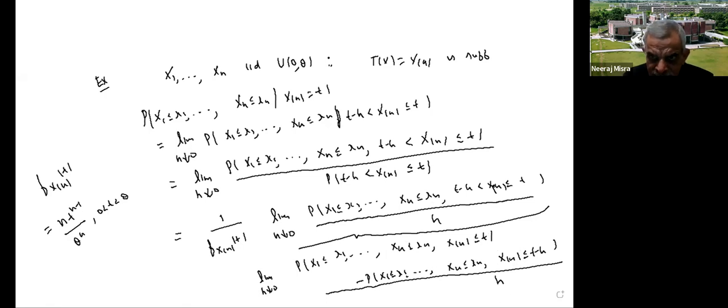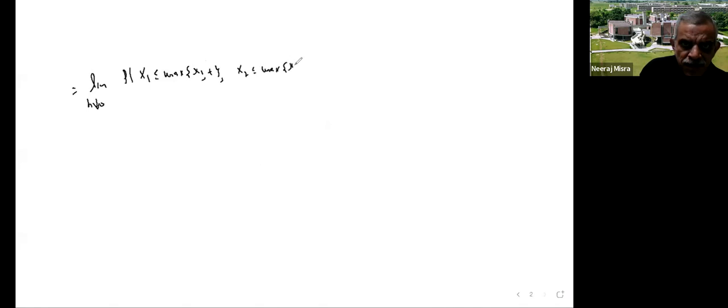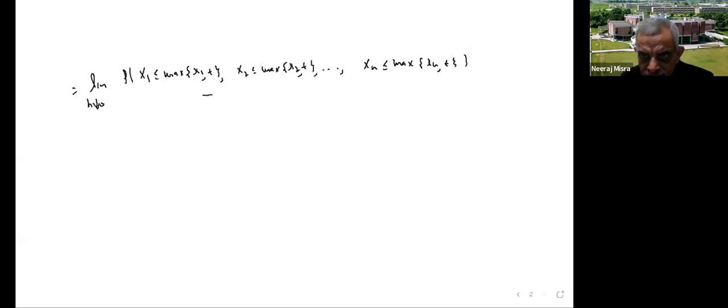So I can write this as the limit h going to 0 of the probability that X1 is less than or equal to the maximum of x1 and t, X2 less than or equal to the maximum of x2 and t, ..., Xn less than or equal to the maximum of xn and t, minus, just see what is happening over here.